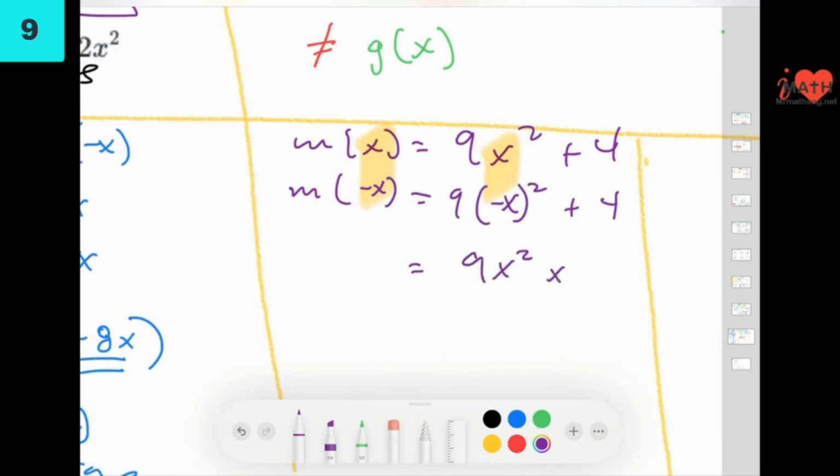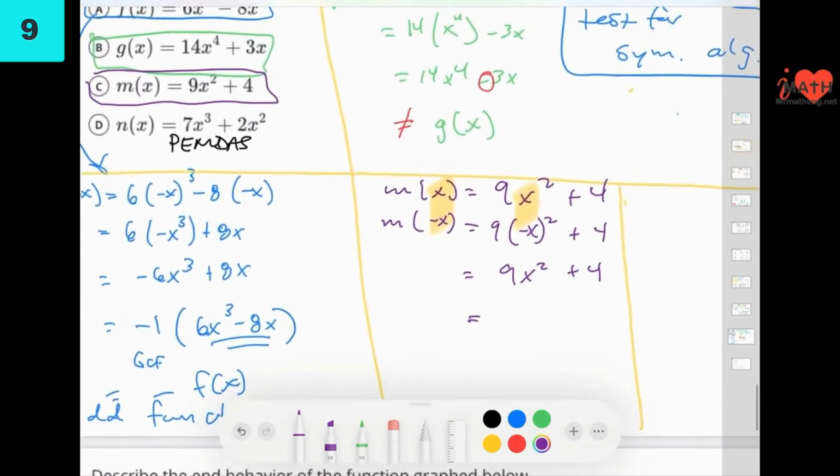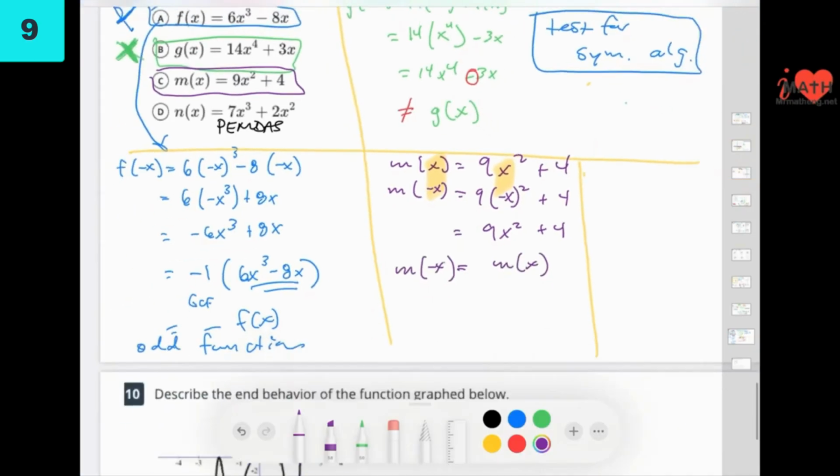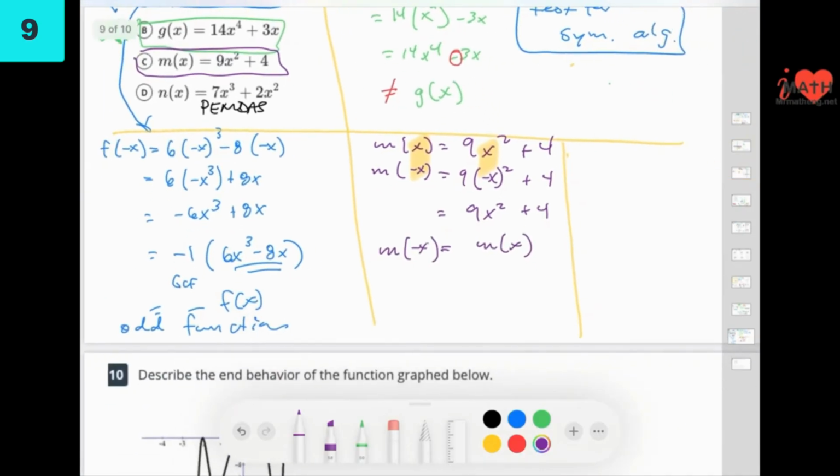So I have 9x squared plus 4. And that is the original. So you would actually write something like this. So this would be an even. This one up here in green, this was actually an either. So this one is good.